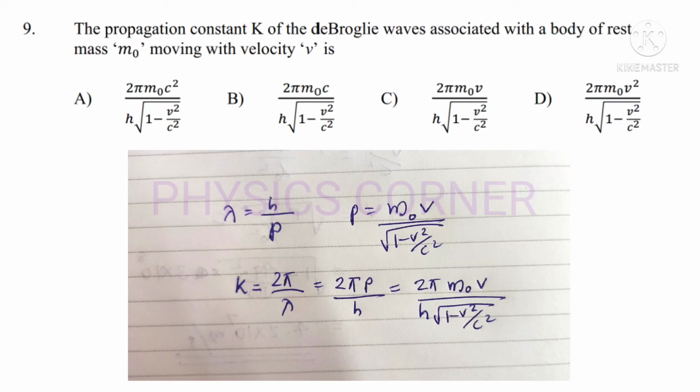And propagation constant k is expressed as 2 pi by lambda. When we substitute the expression for lambda, we can write k as 2 pi p by h. And again substituting for momentum p, we will get k is equal to 2 pi m0 v by h into square root of 1 minus v square by c square. Option C is the answer.